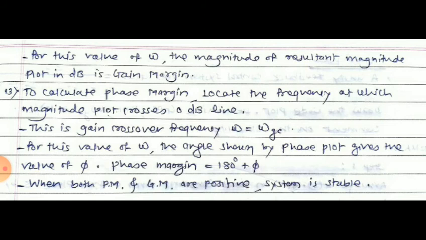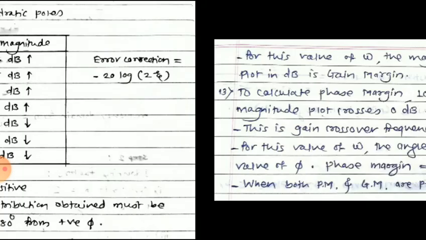That frequency will be omega GC, and from that omega GC line you will get the phase margin. For this value of omega, the angle shown by the phase plot gives the value of phi. So phase margin is equal to 180 degrees plus phi. When both PM and GM are positive, the system will be stable.